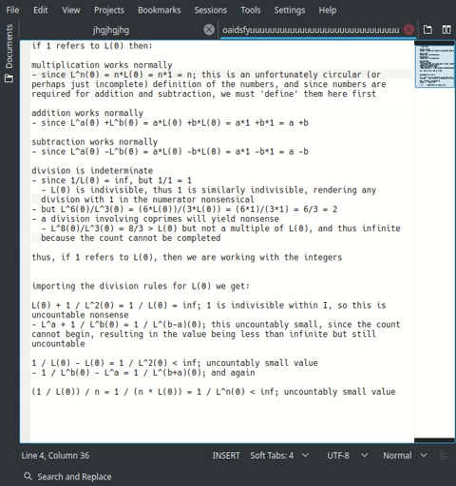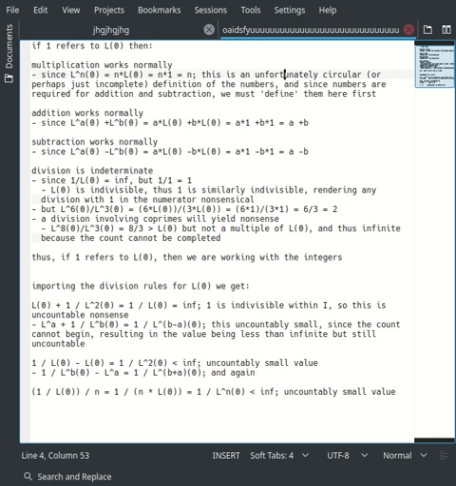And this is unfortunately circular, or perhaps just incomplete. I think it's really just incomplete. I don't really have the motivation or the space right here to put in a complete definition of the numbers anyway. And since numbers are required for addition and subtraction, we must define them here first, right?